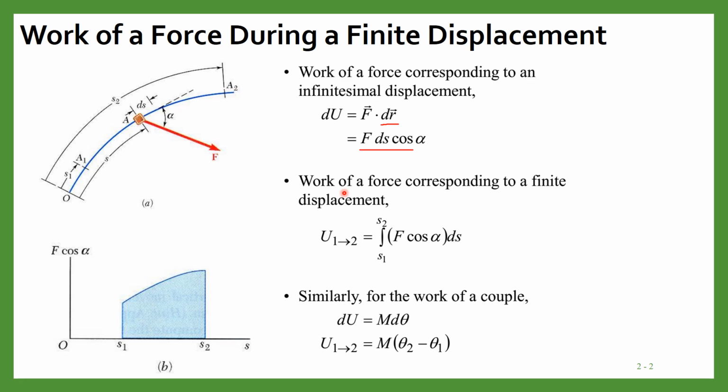Now work for a finite displacement from point A1, so this is the initial point A1, and this is the final point A2. This work you can calculate by simply integrating this expression F ds cos alpha, so F cos alpha ds from S1 to S2.